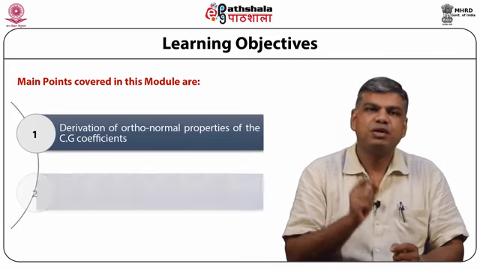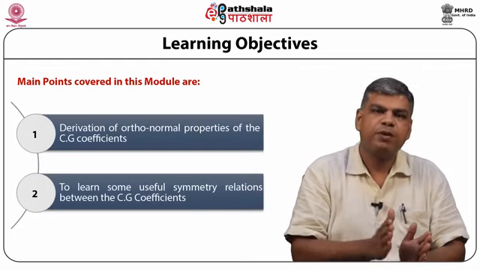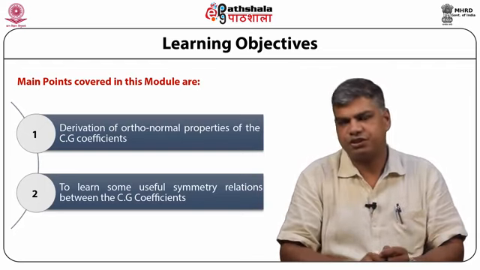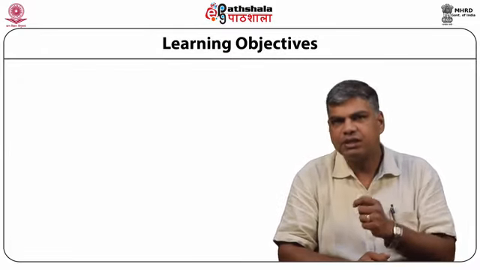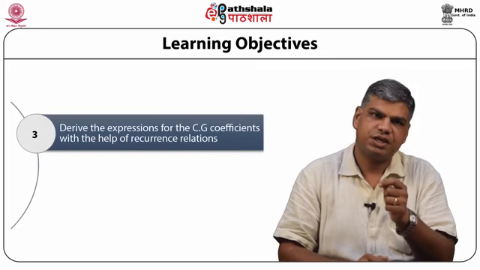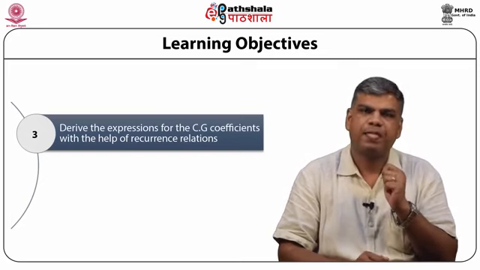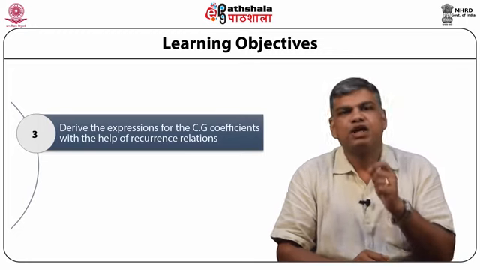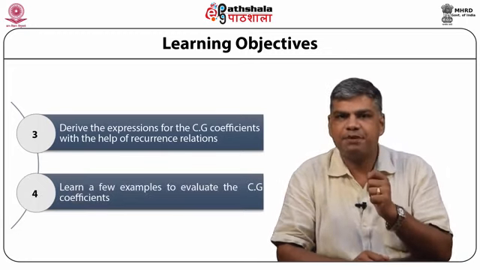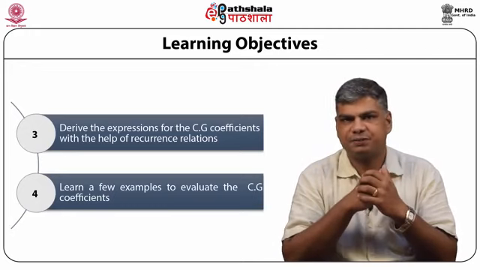Second, to learn some useful symmetry relations between the Clebsch-Gordon coefficients. Third, to derive the expression for the Clebsch-Gordon coefficients with the help of recurrence relations. And finally, to learn a few examples to evaluate the Clebsch-Gordon coefficients.